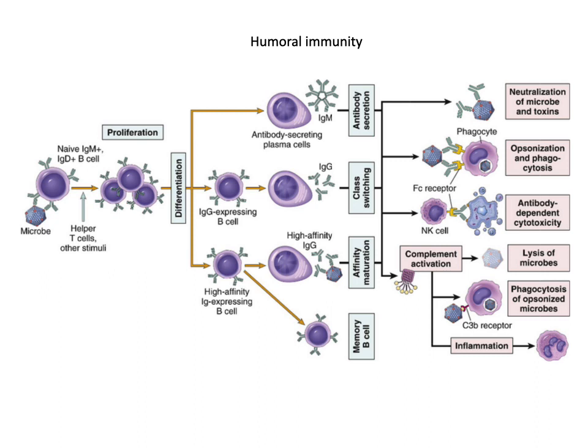Now, at this point, it is important to recognize that in general, there is one type of lymphocyte to react with one type of antigen, and it will only produce one type of antibody.